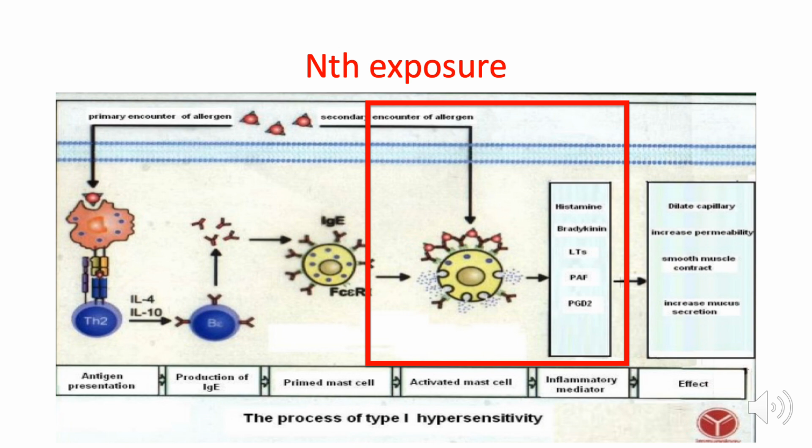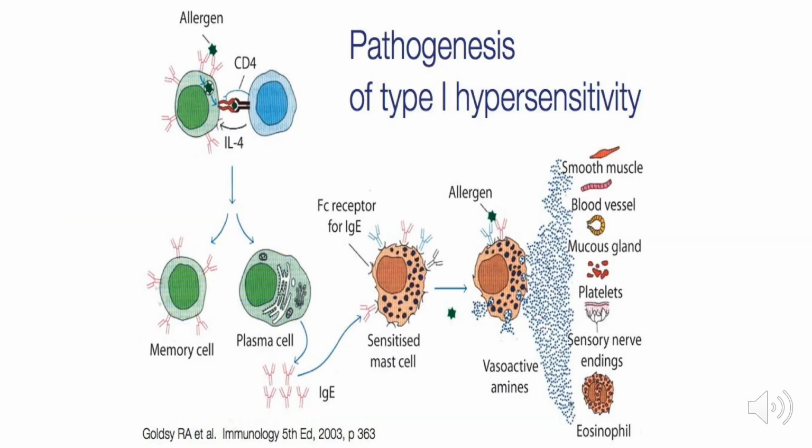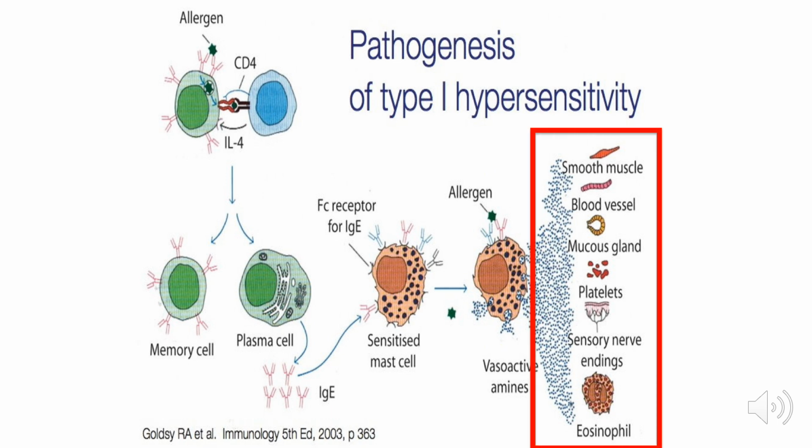Again, the cross-linking of one allergen to two IgEs on the surface of the mast cell will trigger its degranulation. And what will be released is histamine. And histamine will act on different cells or tissues in the body that have receptors to it. First, it can act on smooth muscles of the respiratory passage.